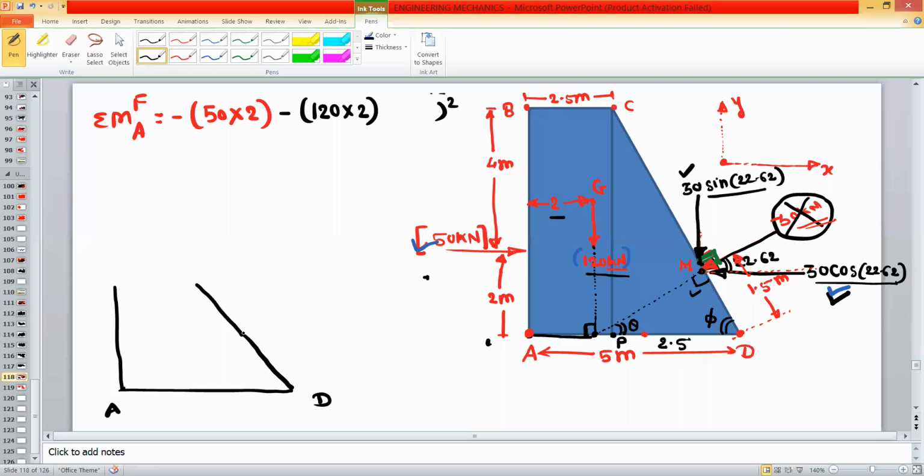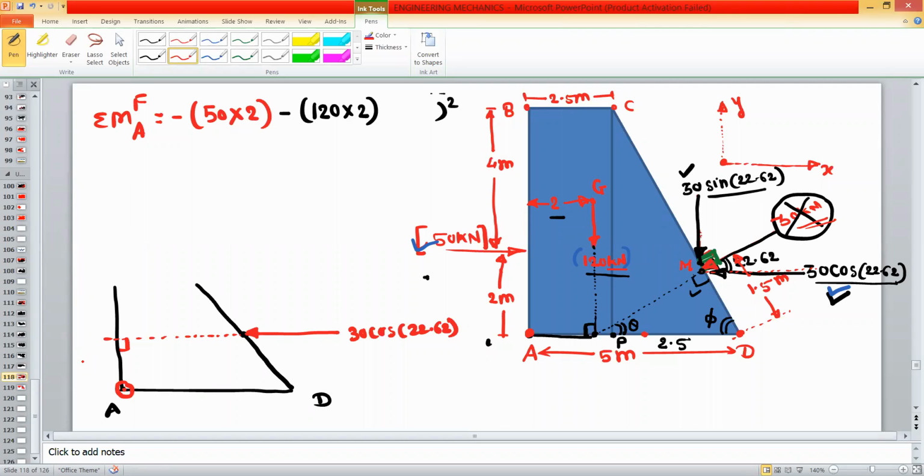And this is the X component. So this X component is 30 cos 22.62. Okay. To find out the perpendicular distance with respect to point A, just extend the line of action. Okay, and this distance will be a perpendicular distance. So what is the meaning of perpendicular distance?